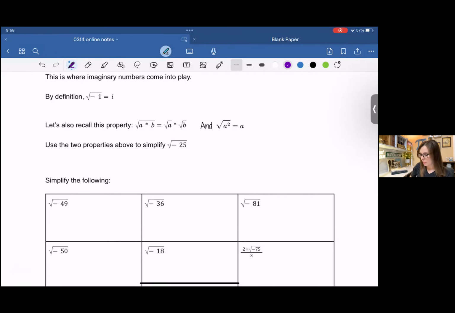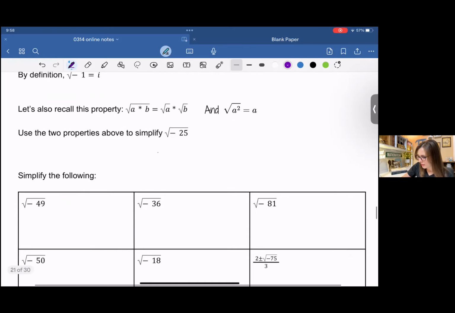So if I break this up and say -1 times 25, and then use my properties, the square root of -1 times the square root of 25, I know that the square root of -1 by definition is i, and the square root of 25 is 5. I should have written that the other way, but the commutative property saves us. i5 is kind of weird to say, so we usually write this 5i.